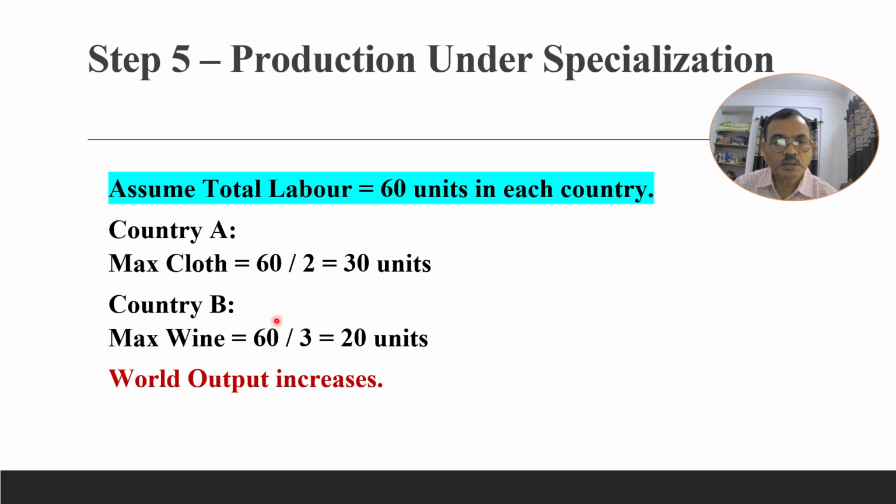Country B can produce a maximum wine of 60 by 3 equals 20 units of wine. World production increases compared to autarky.